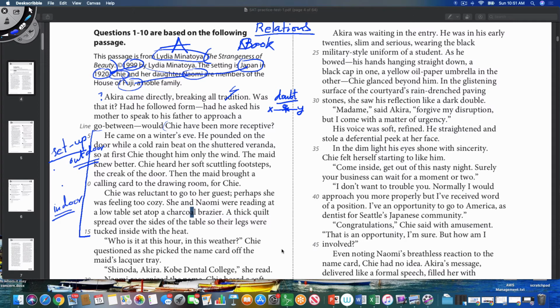So outdoors with Akira and Chi, and I don't know. Yeah, exactly. So Akira is outdoor, indoor is Chi. So you could just also make a case like we got Akira who was actually outdoor, and Chi plus Naomi were actually indoor. So you could make that note.